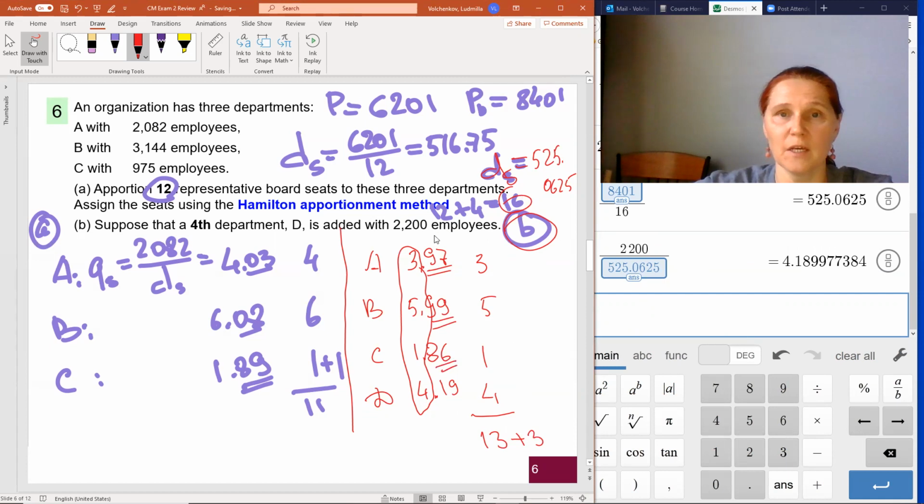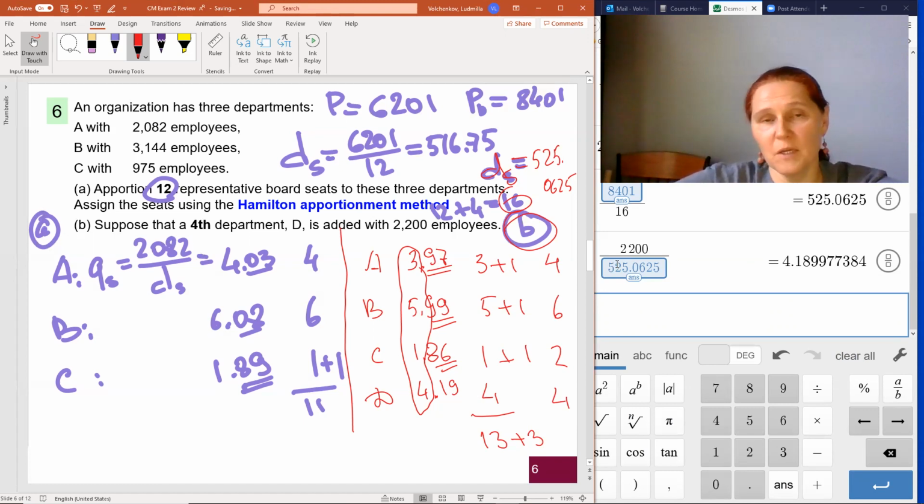So we have here 0.97, 0.99, and 0.86. Only the last department has 0.19. So A, B, and C get 1 additional representative, and the apportionment is 4, 6, 2, and 4. So the question is whether we have here the new state paradox that can happen with the Hamilton apportionment method.